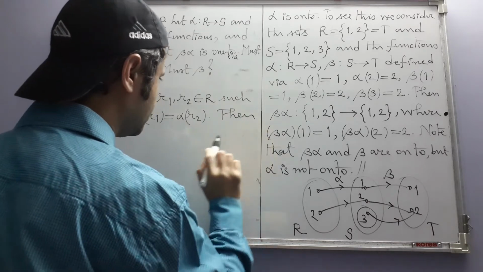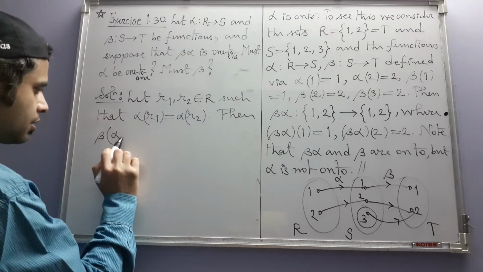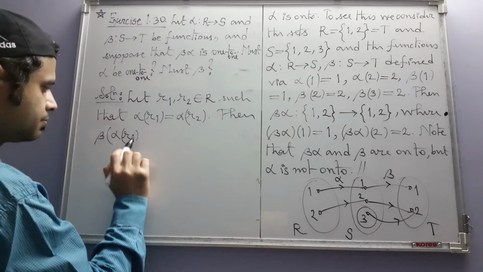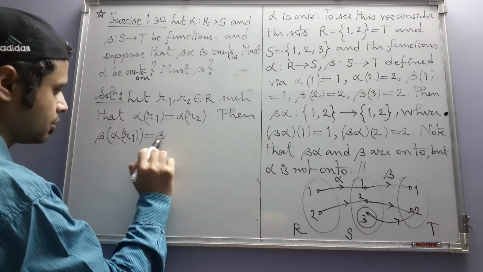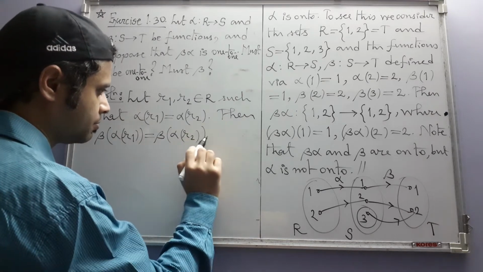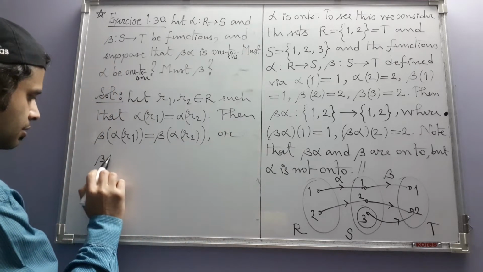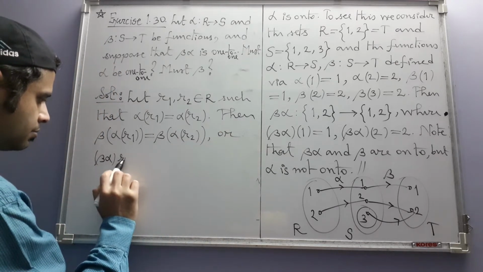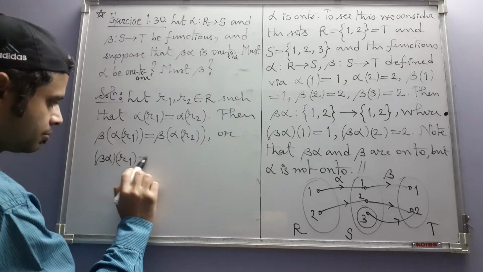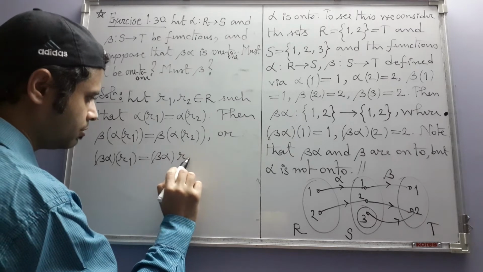So we directly write then beta of alpha of R1 is equal to beta of alpha of R2, or this is nothing but the composition beta alpha evaluated at R1, and this is beta alpha evaluated at R2.